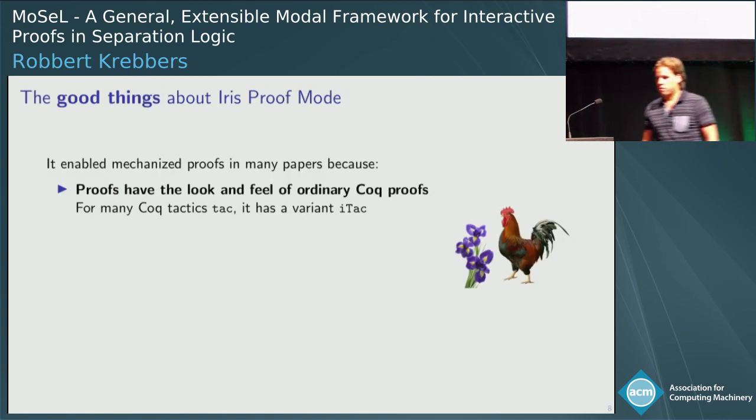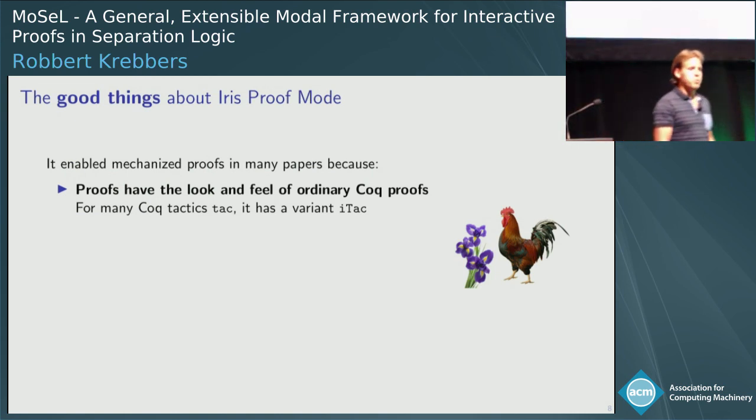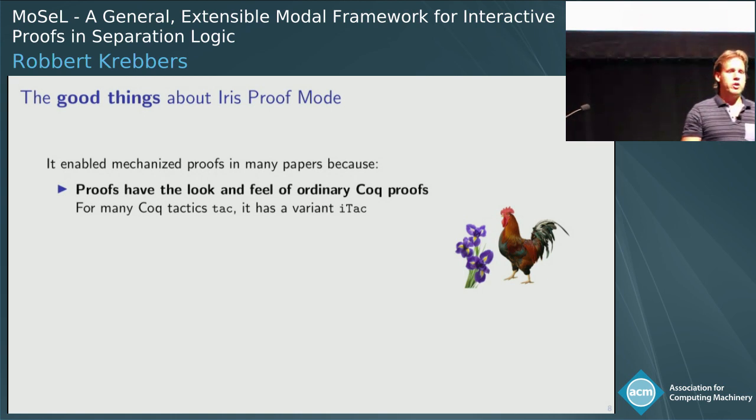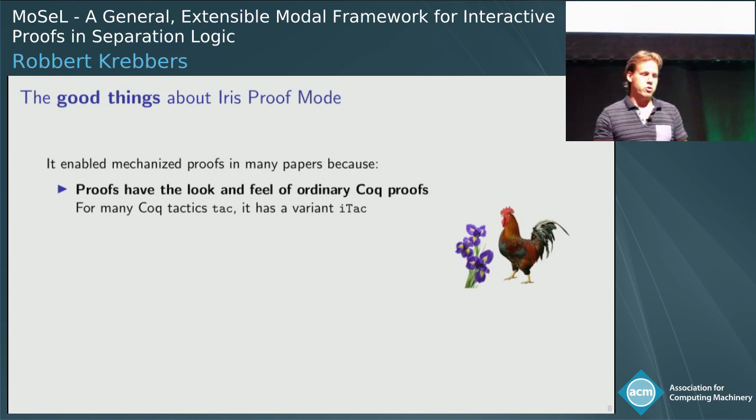So, wrapping this part about Iris and Iris Proof Mode up. What are the good things about Iris Proof Mode? Well, it enabled a whole bunch of papers to have mechanized separation logic proofs. The reason is that the proofs in Iris Proof Mode really have the look and feel of ordinary Coq proofs. So basically for each tactic in Coq, there is a variant for Iris.